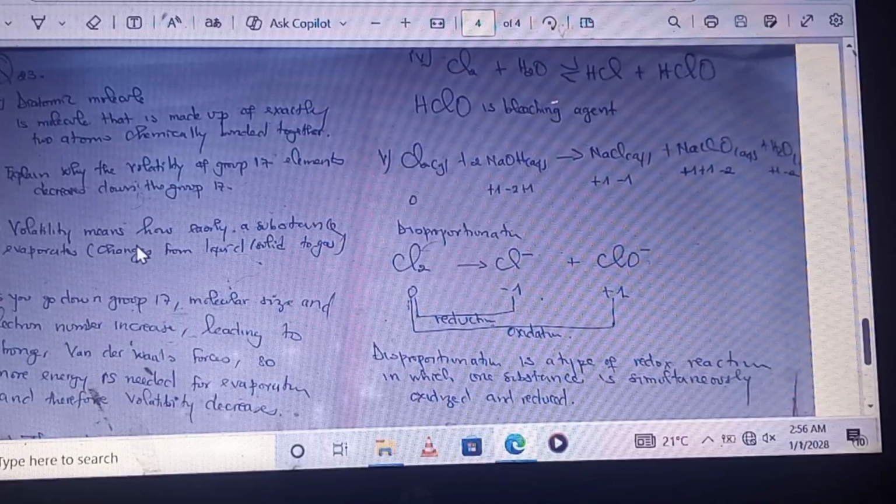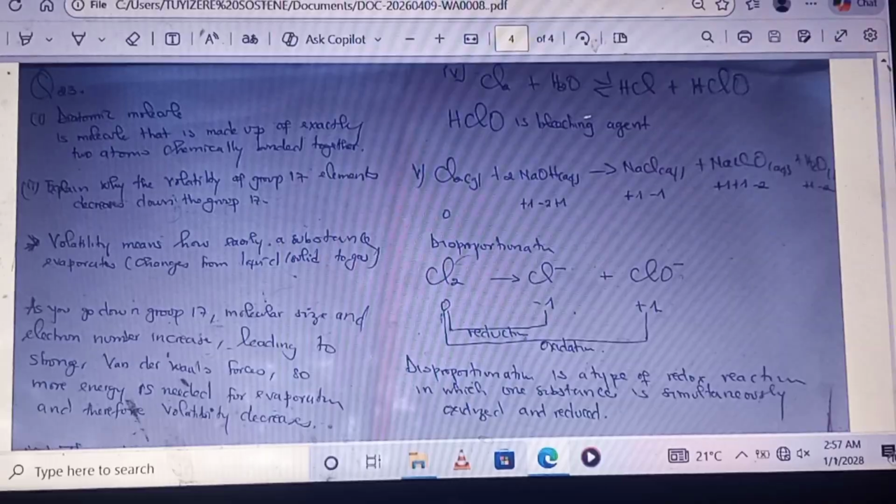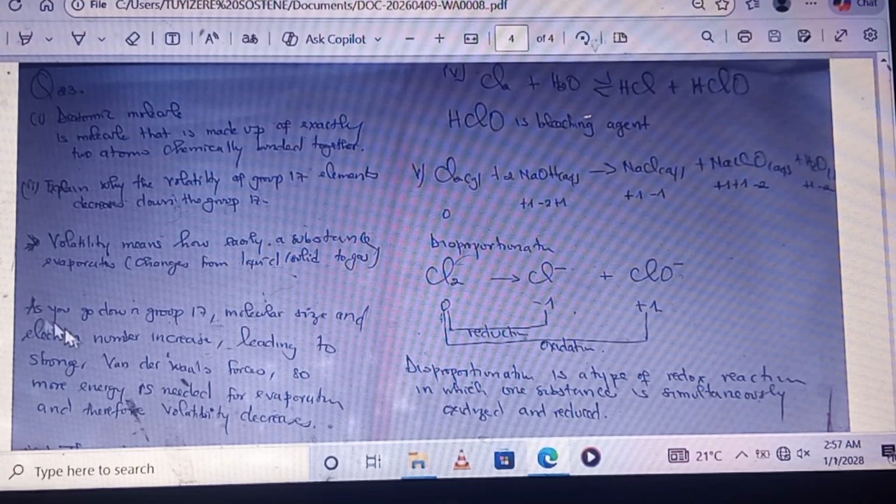Volatile means a substance easily evaporates, changing from liquid or solid to gas. As you go down group 17, molecular size and electron number increase, leading to stronger van der Waals forces, so more energy is needed for evaporation, and therefore volatility decreases.